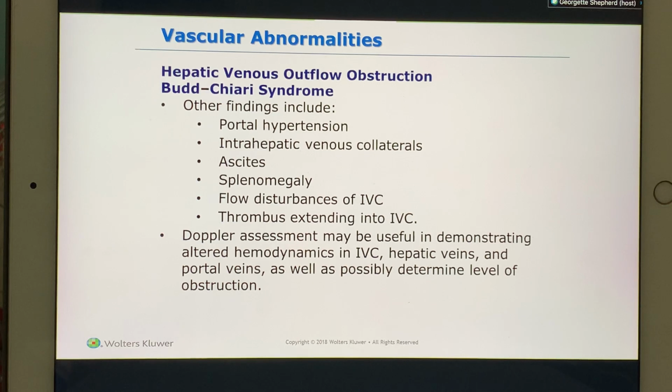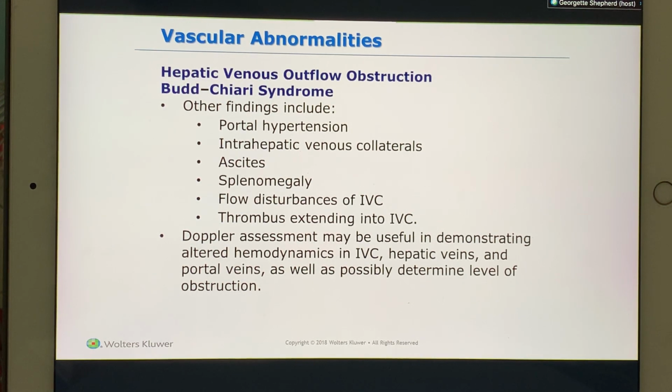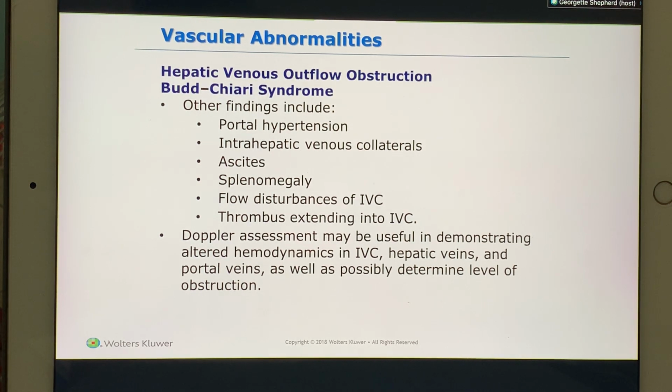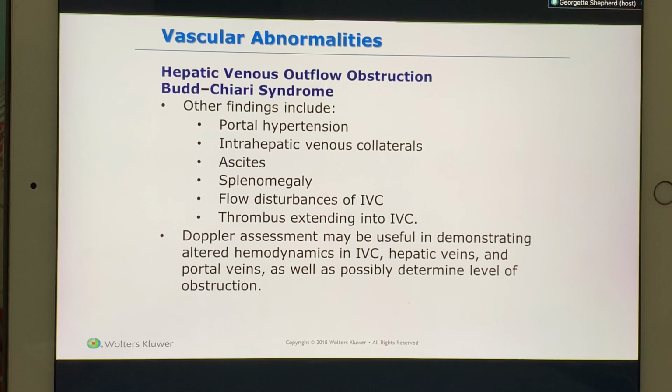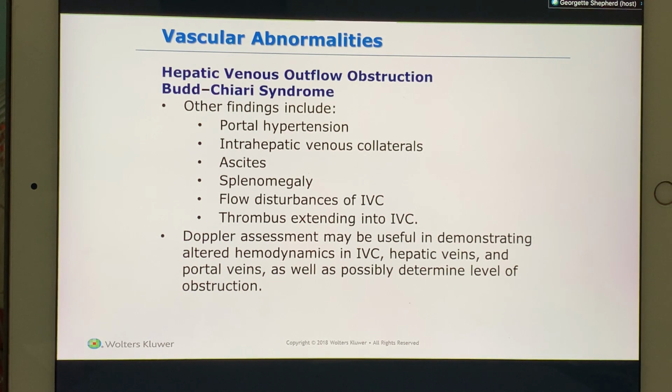Other findings with Budd-Chiari are going to be portal hypertension. Portal hypertension is a portal vein greater than 1.3 centimeters. It has intrahepatic venous collaterals, ascites, splenomegaly, flow disturbance of the IVC, and thrombus extending into the IVC from the hepatic vein.